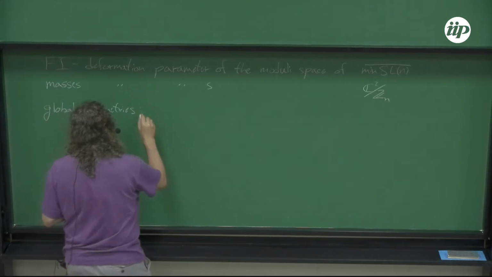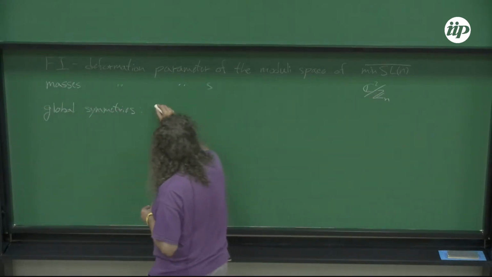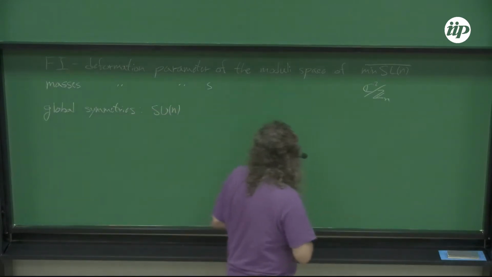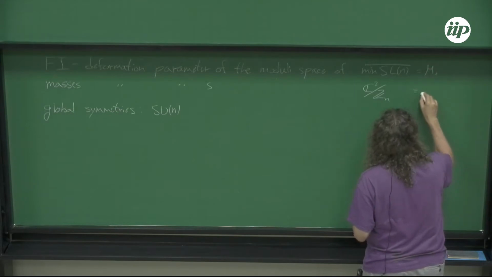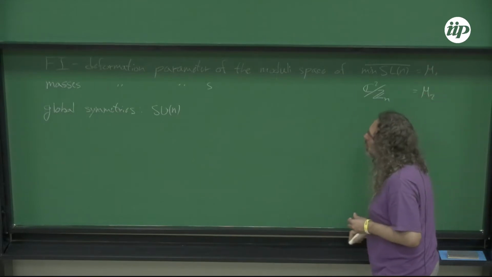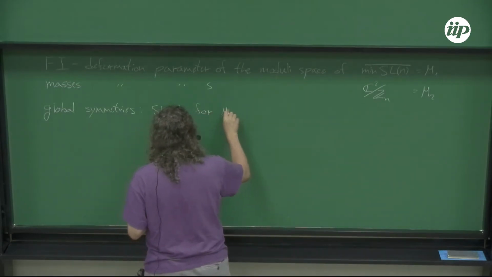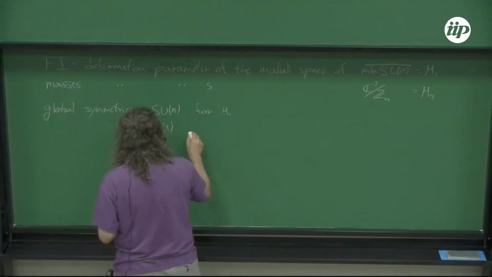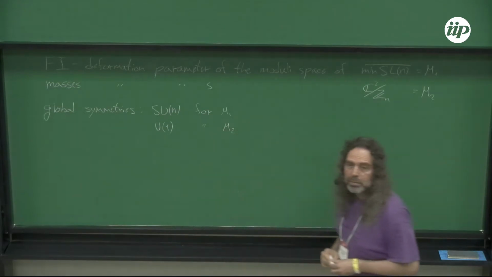So the global symmetries are SU(N) for the first case. Let's call it M1, and let's call this one M2. For M1, and U(1) for M2. How do we see this global symmetry?